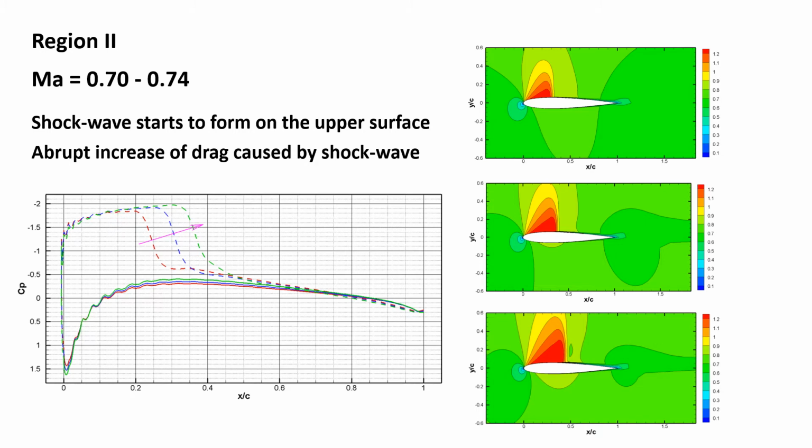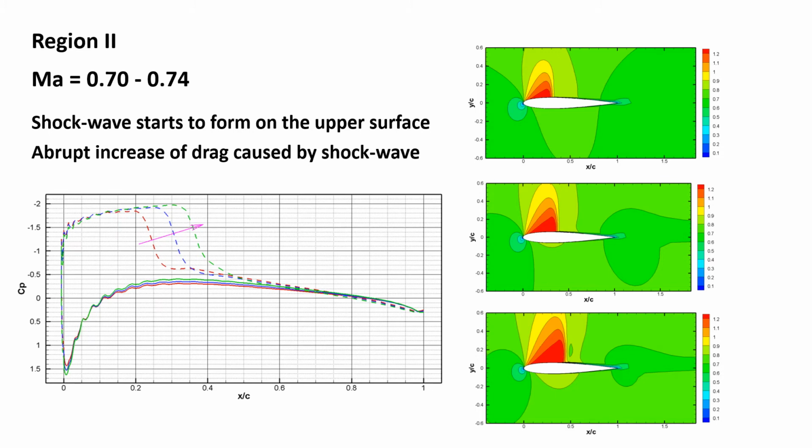And as we know, the area wrapped by the CP curves on the upper and lower surfaces indicates the lift coefficient. So you can see by increasing the Mach number from 0.7 to 0.74, the area wrapped by the curves is increased.